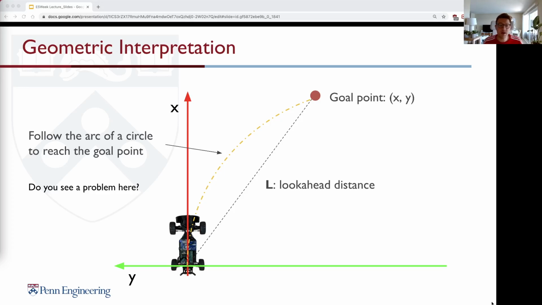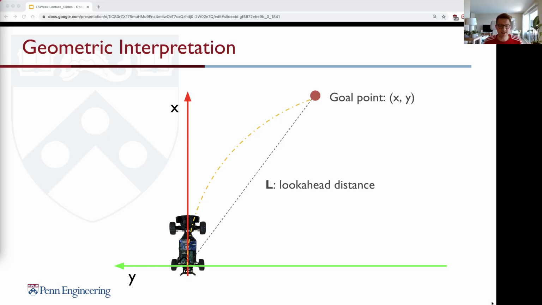So you maybe came up with many problems that can occur, but the biggest problem for us here is that this arc is not unique. So we can follow the blue arc, but we can also follow the yellow arc.